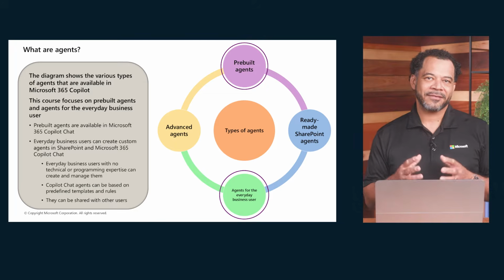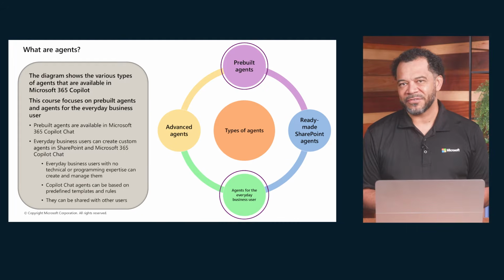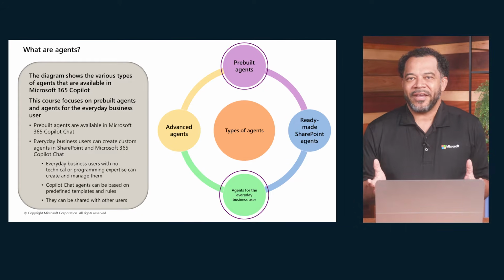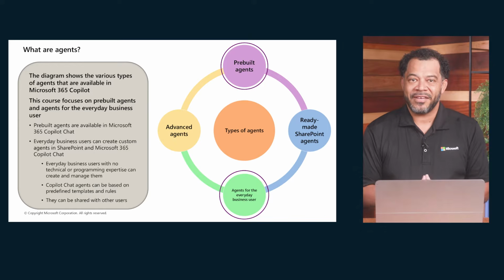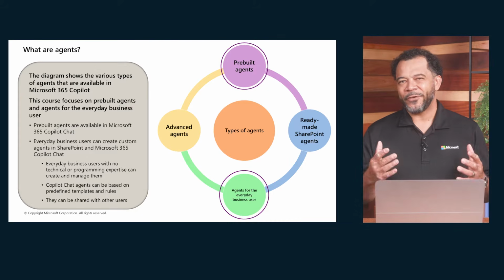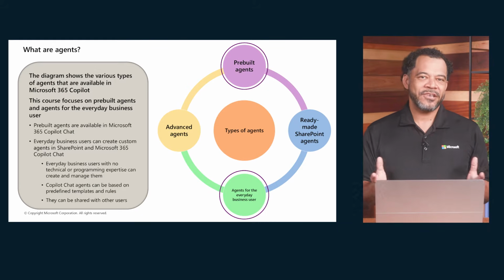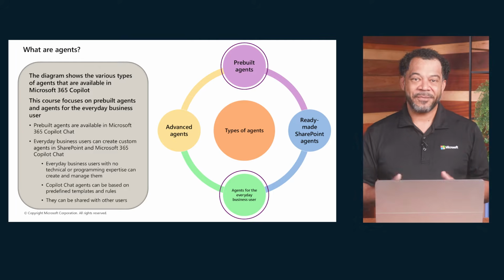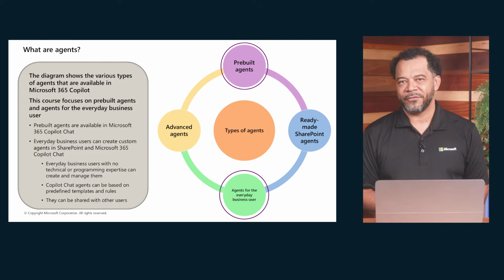These agents respect Microsoft 365 permissions, which means they only access data you're authorized to see. That's a critical point. Security and compliance are built into the system. So if you're collaborating with others, the agent will only surface information that each person has permissions to view.